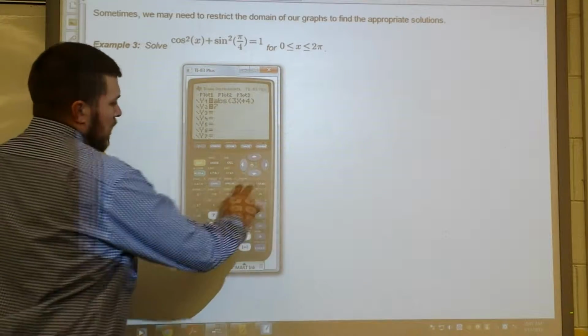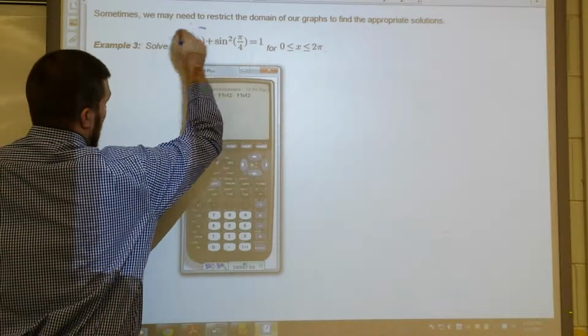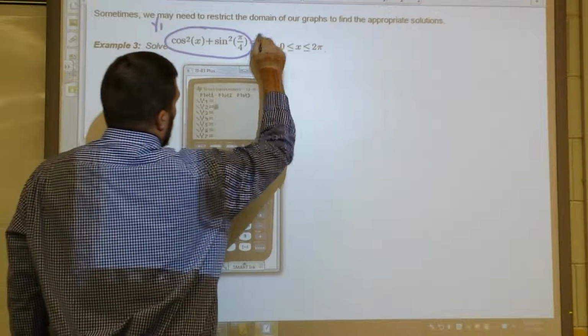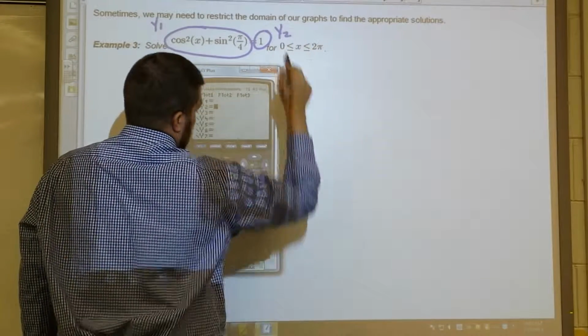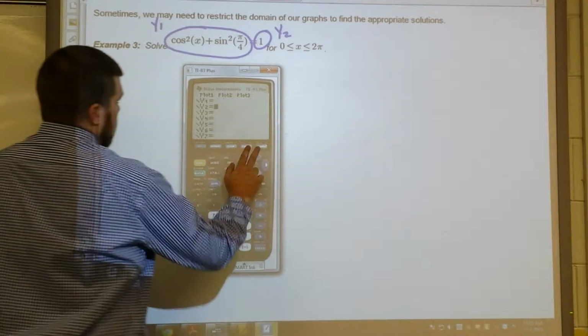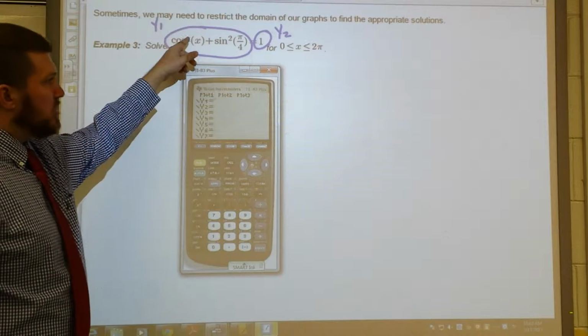So I'm going to go, again, whatever is on the left, no matter how messy it is, is going to be in Y1. Whatever's on the right, no matter how messy it is, it's going to be in Y2. Okay? So let's start off with this. Now, our calculators will not type cosine squared of x.